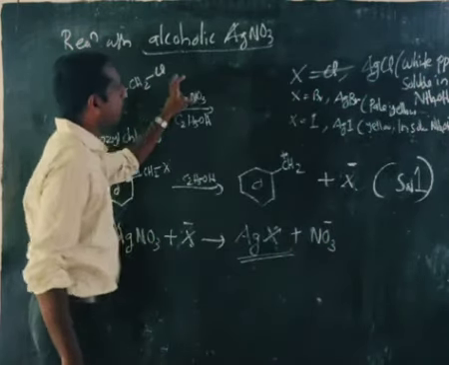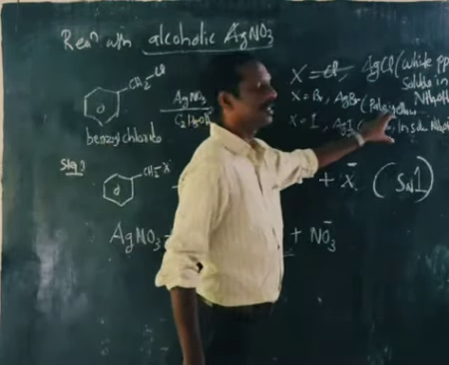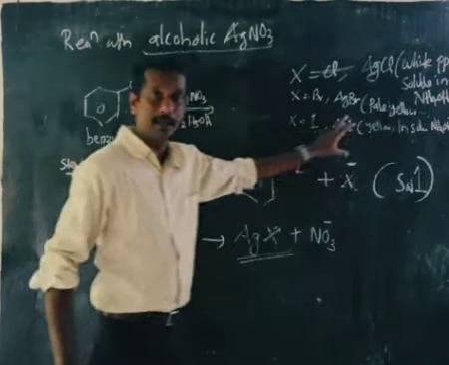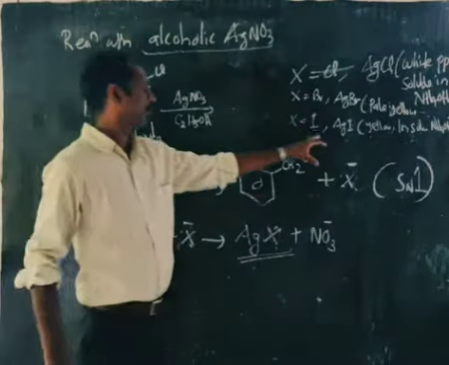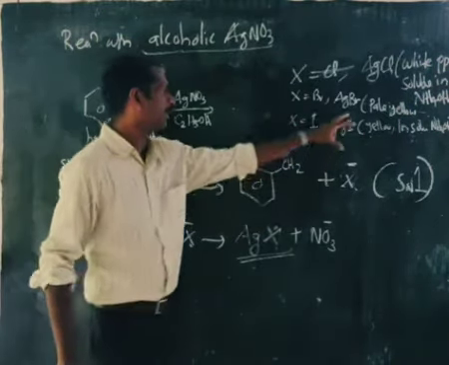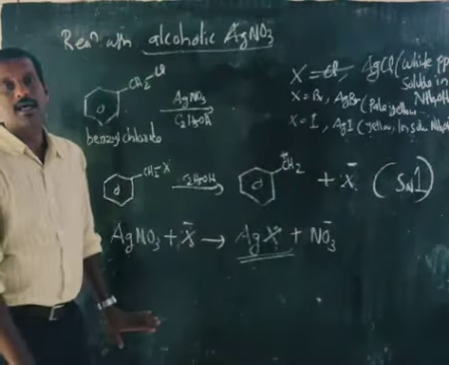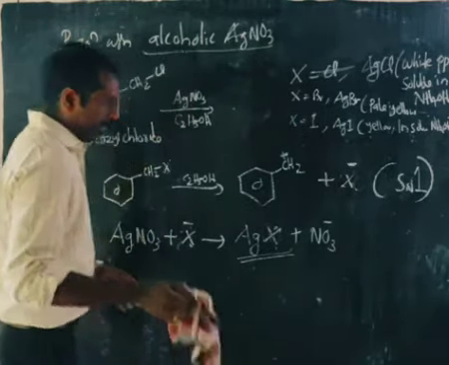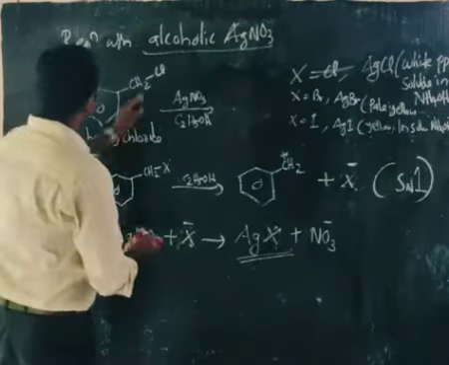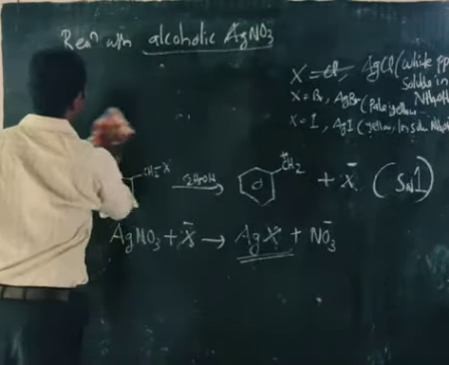If it is bromine, we get AgBr, pale yellow, partially soluble in ammonium hydroxide. And if it is I, we will get AgI, yellow in color, and insoluble in ammonium hydroxide.